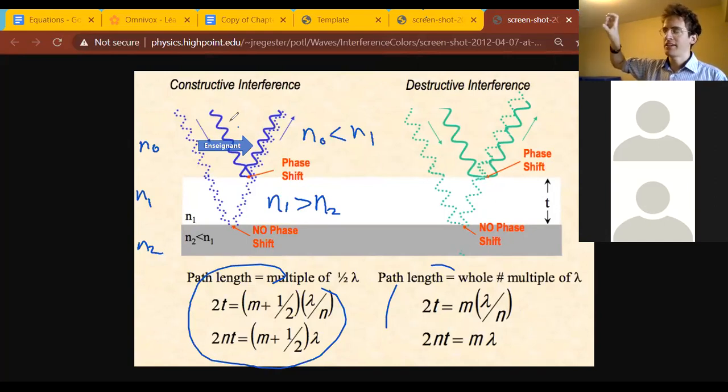Because oil has the highest index of the three media, the beam that reflects off the air-oil interface gets reflected out of phase, but the beam that hits the oil-water interface gets reflected and the phase doesn't change because the index of water is less than the index of oil.